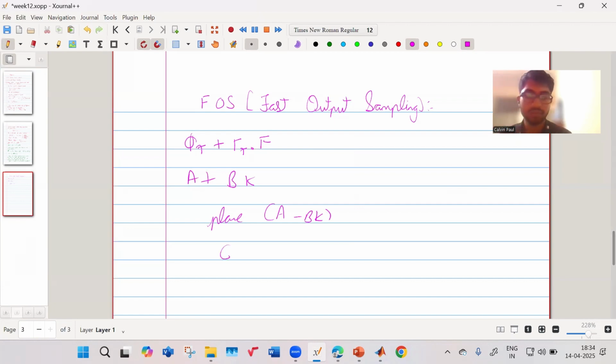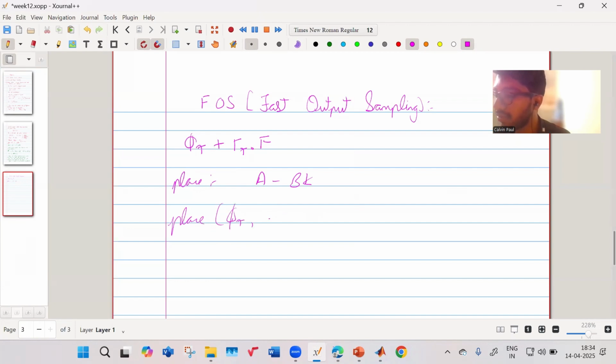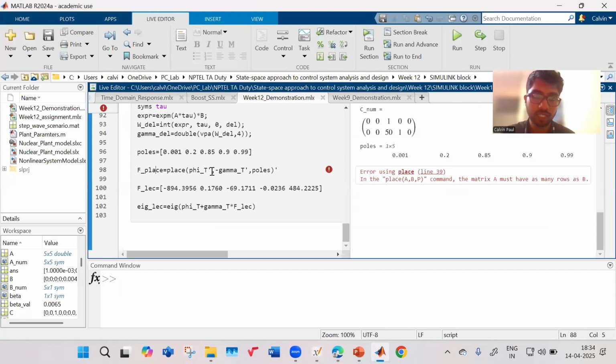So what we should do, the place will do a minus bk, so we must use place of phi t comma minus of gamma t comma poles. So let us check what f we get.